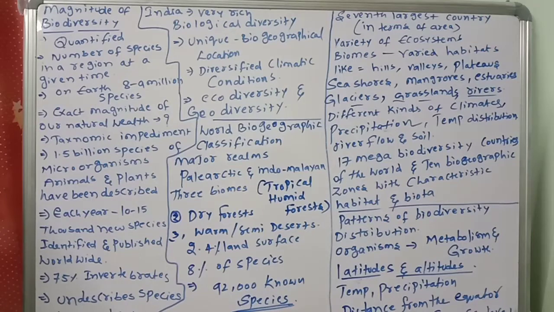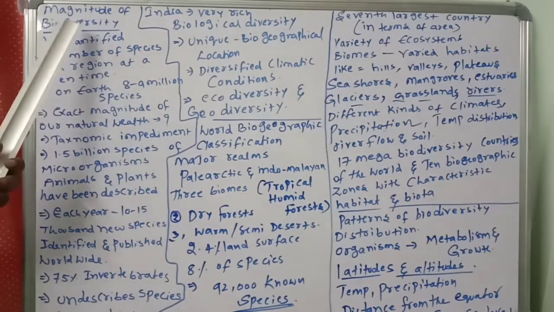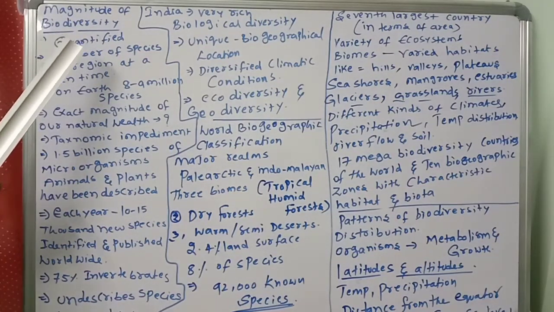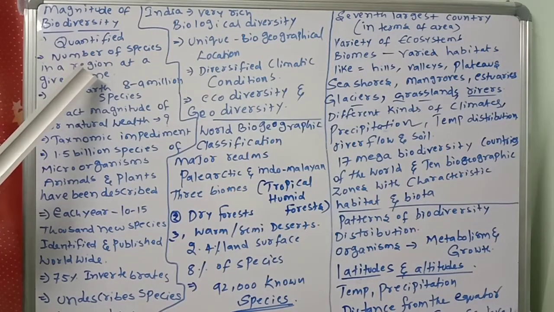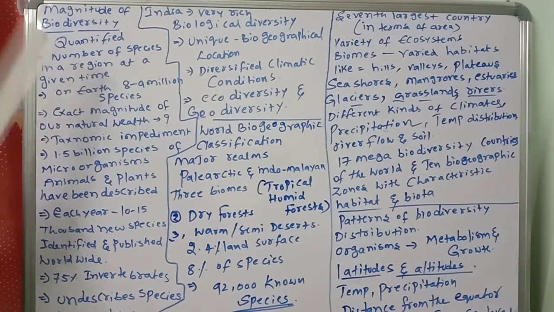So first, biodiversity is often quantified as the number of species in a region at a given time. Again, I am repeating, biodiversity is often quantified as the number of species in a region at a given time.